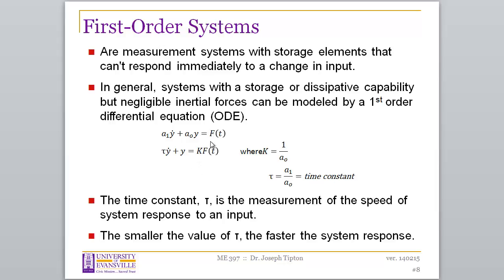Remember, we have the 1 over a, which we saw before is physically the static sensitivity. What does this mean? Okay, well, the time constant is the measurement of how fast the system responds to an input. And thus, the smaller value of tau for the time constant, the faster the system is going to respond.